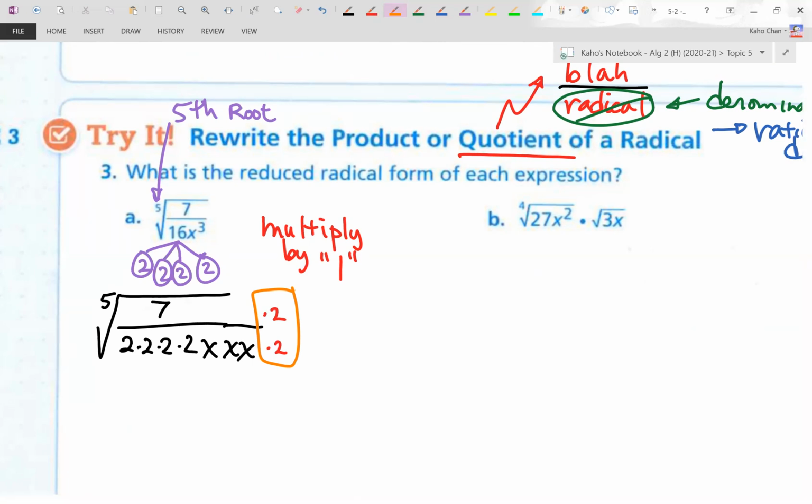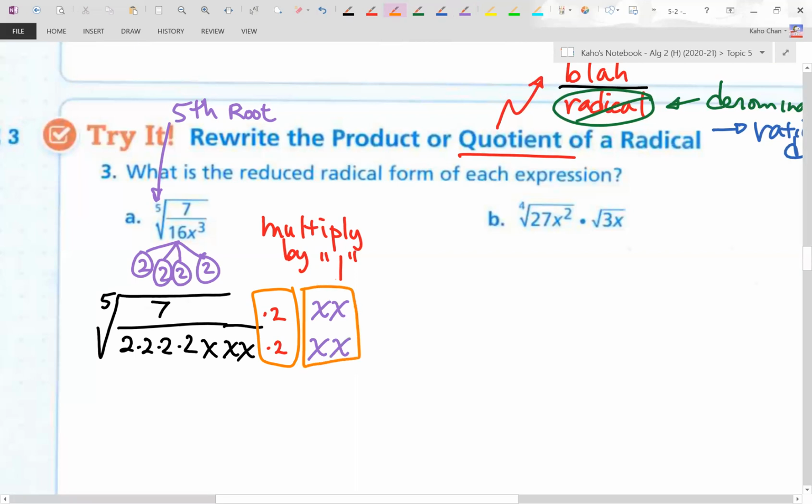Look at the x's. How many x's do I have right now? I only have 3 of them. I need 2 more. Let's introduce 2 more arbitrarily, but in the denominator and the numerator. That is another form of 1. Right? You guys agree? This is nothing. That's just 1 right there. And that is the key. Multiply everything by the fifth root of that stuff right there, okay?